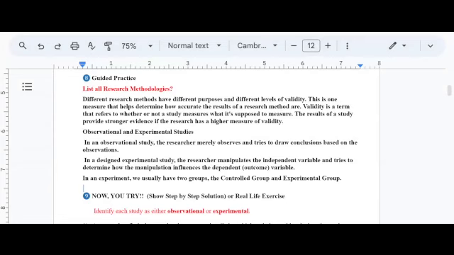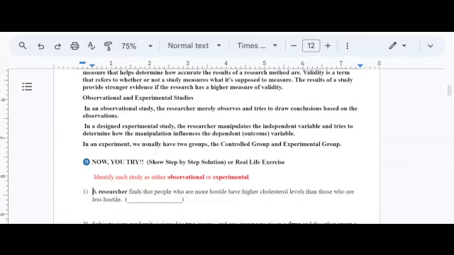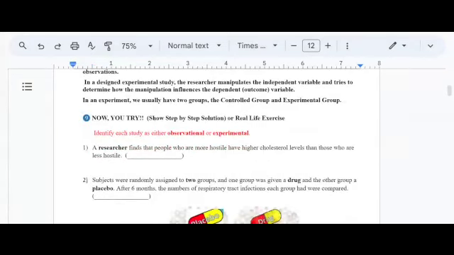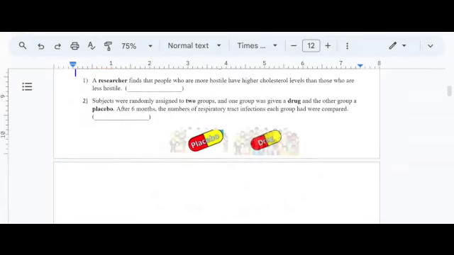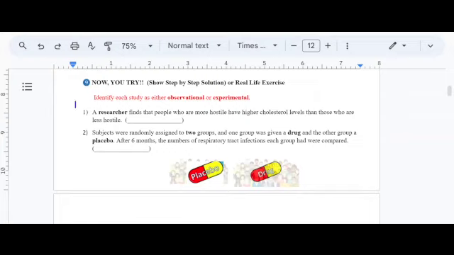Good. Now I want you to try this one, or maybe I can help you. Okay, I will help you with this. Identify each study as either observation or experiment. What do you think, Dana? Yeah, read the first one, please.